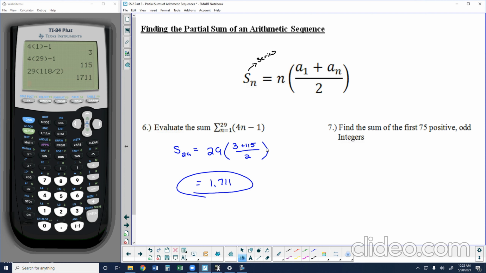Now, the other way that we could do this, if you take a look at the properties, we can check this by going through the properties of sigma notation. What we would get here is 4 times the numbers of 1 to 29, which I'm going to put in here real quick.